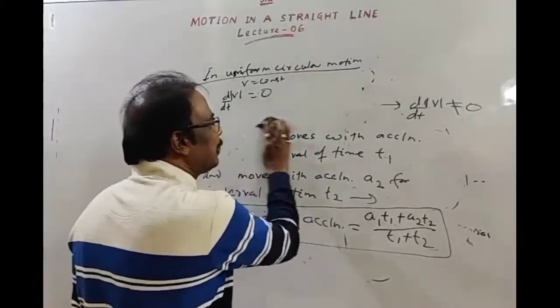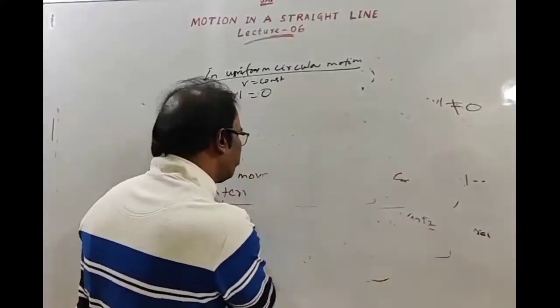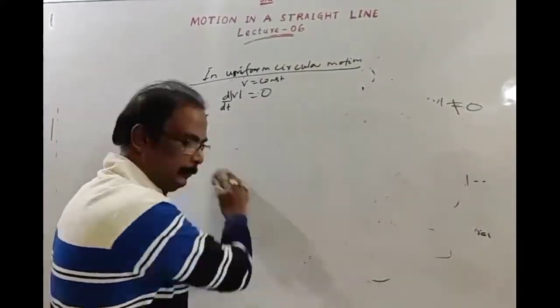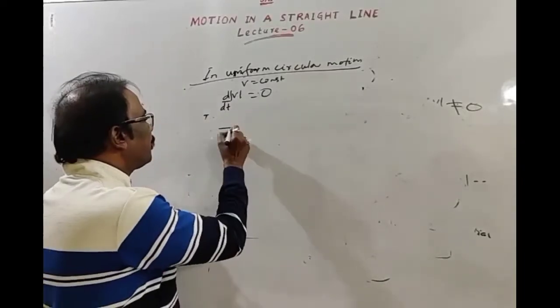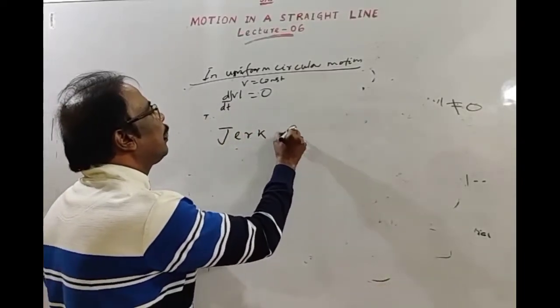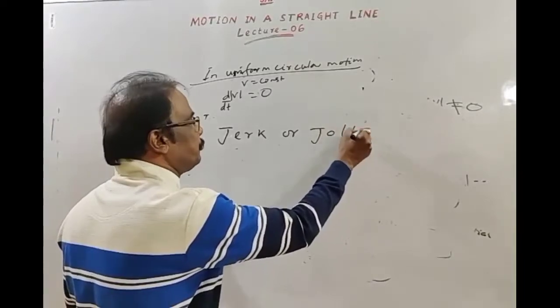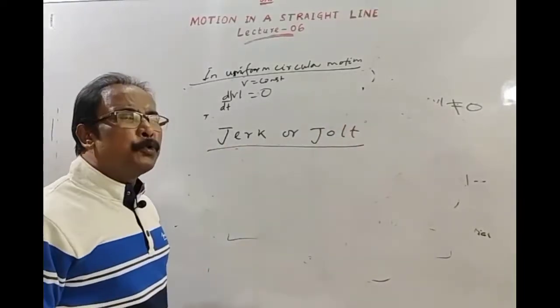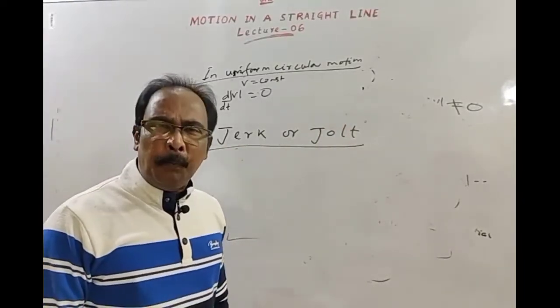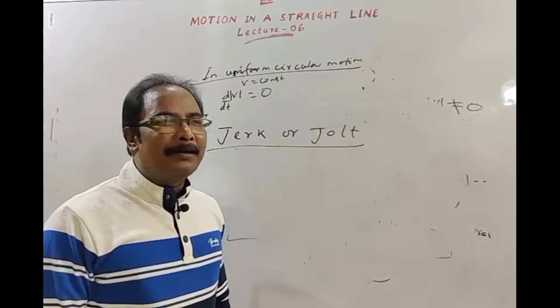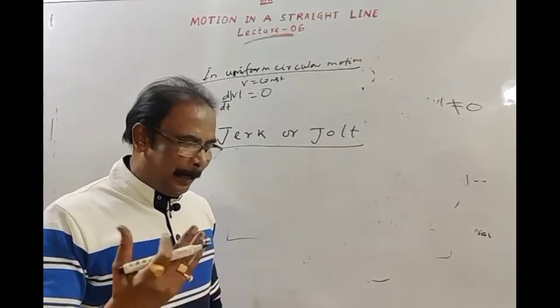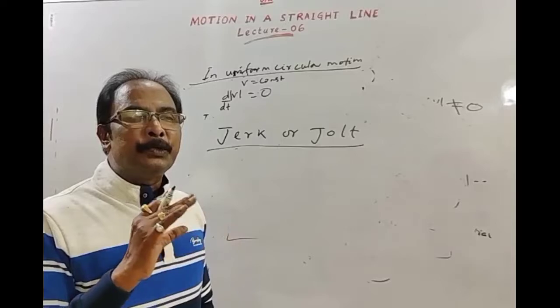This is about acceleration, and the final parameter is jerk. Jerk, or you may write it jolt. See students, jerk or jolt is not in our scope. Means we will not have to face any question related to jerk.